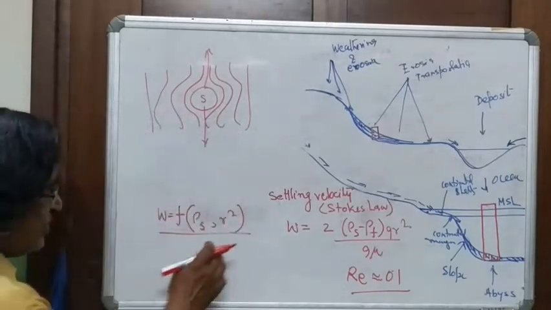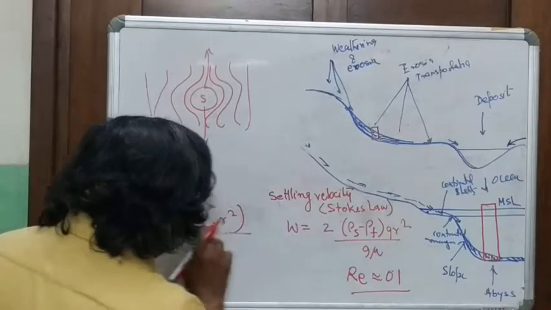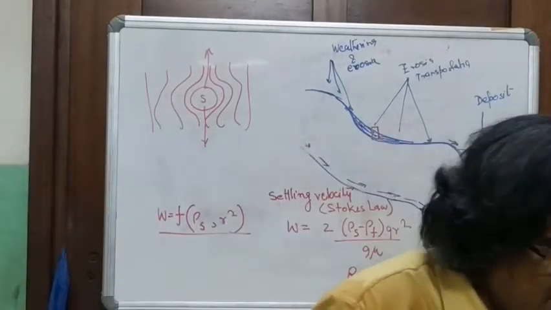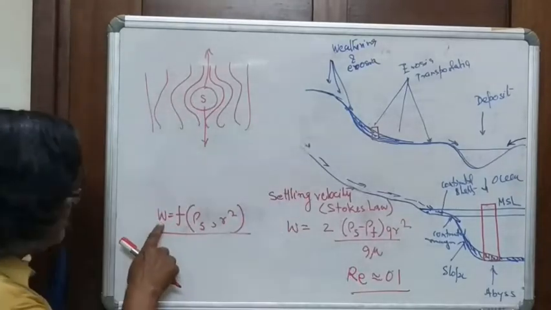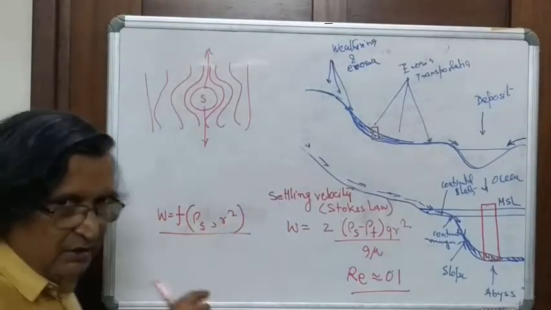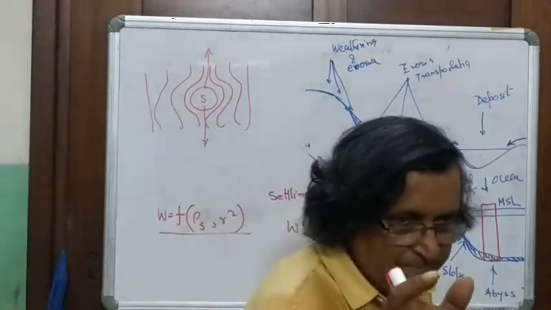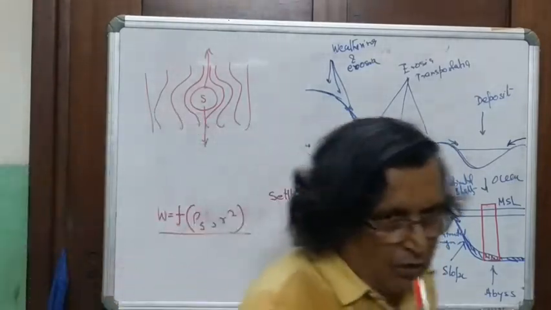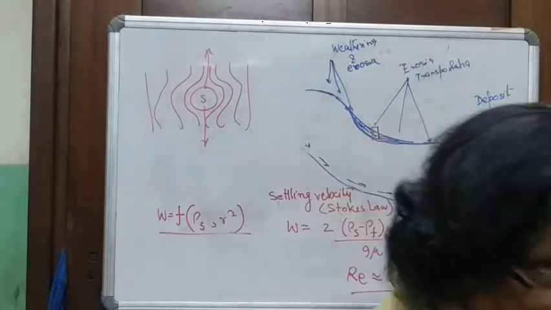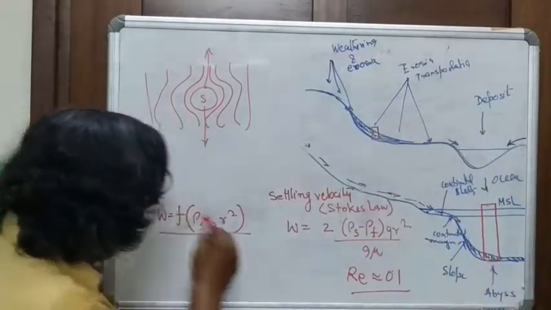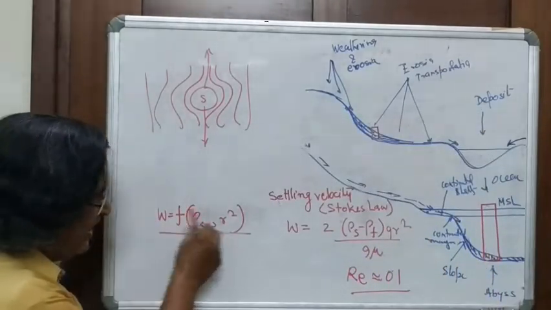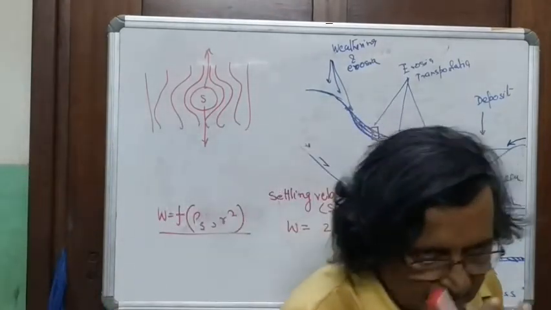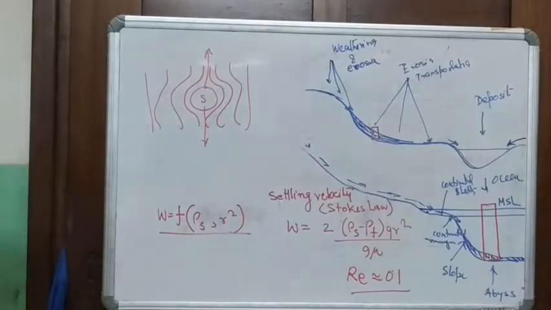So your settling velocity is a function of rho s and r squared. That means the settling velocity will increase the larger the radius of the sphere, or the density of the particle. If the density of the particle is high, W will be high. If it's large in size, the settling velocity of the particle would be high.